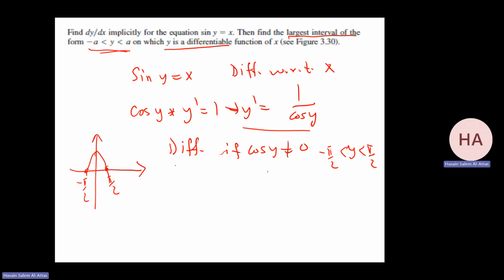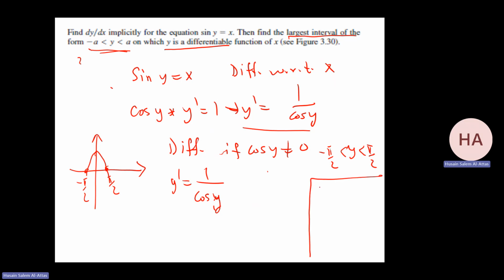Not only that, actually I can continue, because y prime equal 1 over cosine y. And I know that sine square y plus cosine square y is equal to 1. Let me do it here.